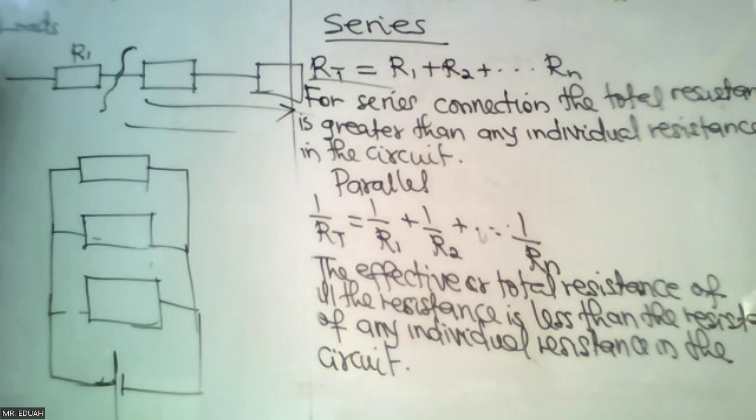So if you are connecting maybe a heater, fridge, iron, washing machine, air conditioning, then the connection must be in parallel, because these are gadgets that require different current for their operation. By connecting them in parallel, you can give them their individual current requirement for them to work with.